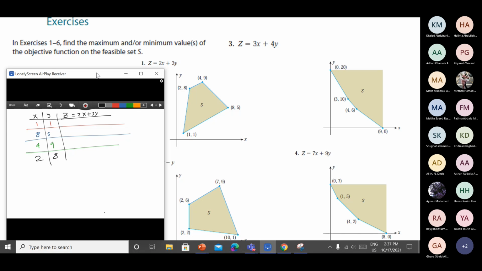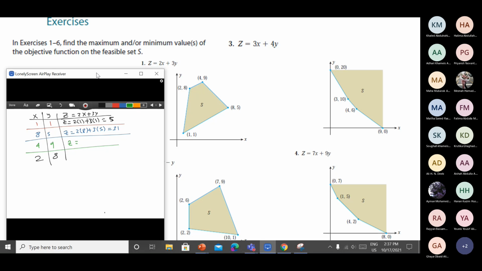With x equal to 1 and y equal to 1, z will equal 2 times 1 plus 3 times 1, so you end up with 5. Now for the next one, z will equal 2 times 8, which is 16, plus 3 times 5, which is 15, so you end up with 31.